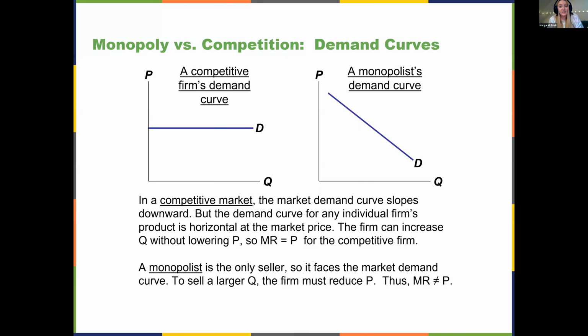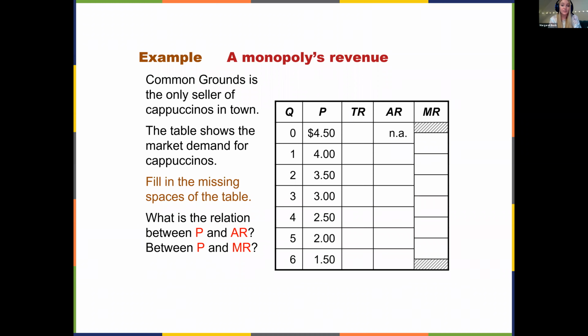Now, to make this a little more clear and show the exact graphical relationship between demand and marginal revenue for a monopolist, I've put together a little example for us to go through. Let's assume that there's only one business in town that sells cappuccinos, and I called it Common Grounds.